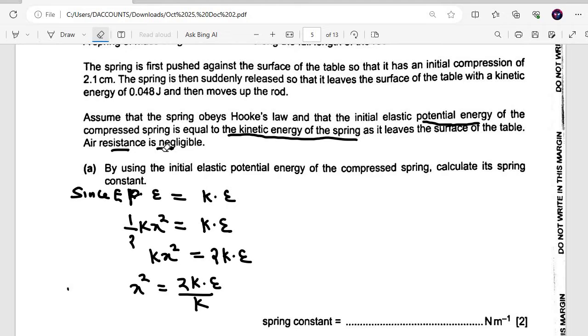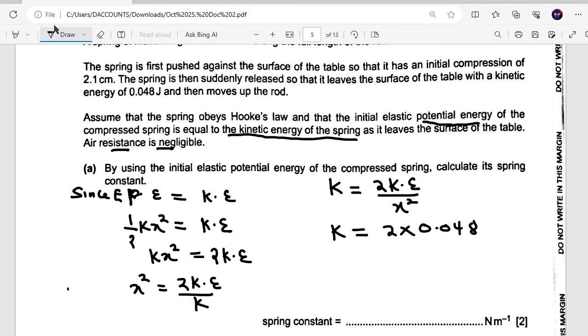So the spring constant should be 2KE over x squared. So the spring constant is 2 times the kinetic energy, 0.048, over 0.021 squared, the compression.